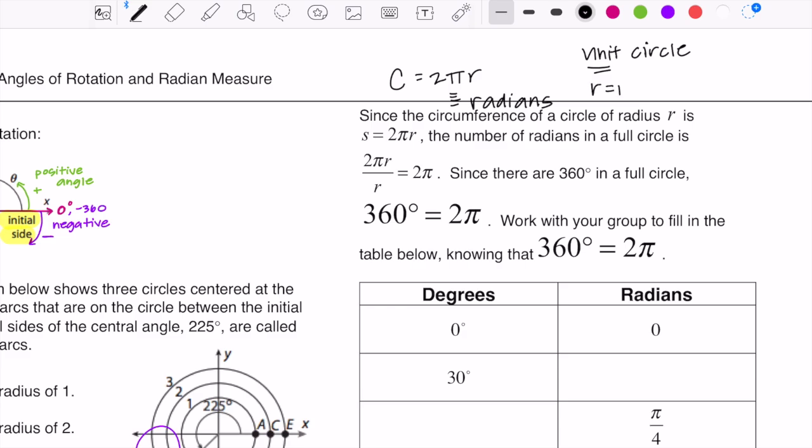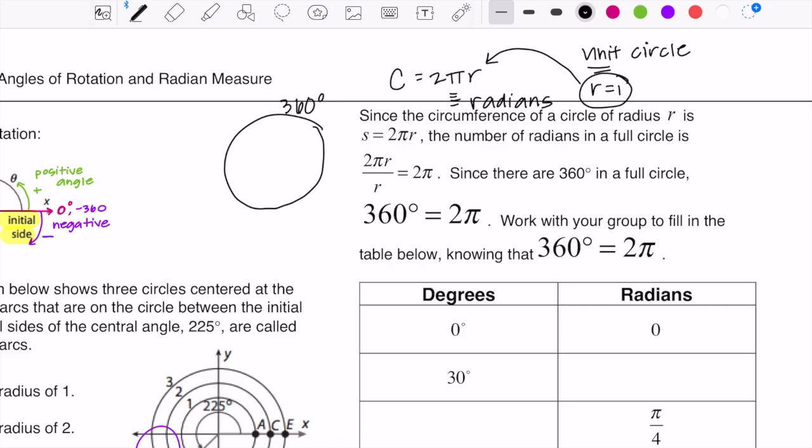So if we combine these two things, the unit circle and the formula for circumference. Keep in mind circumference is the trip around the circle. So that's the rim, which we know is 360 degrees. But what is it in this new measurement called radians?